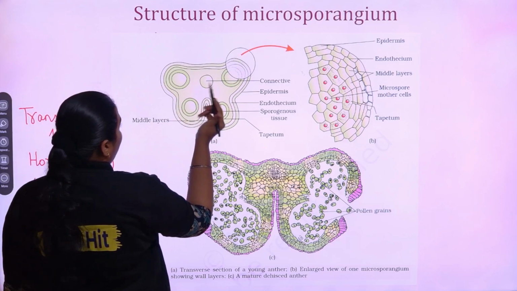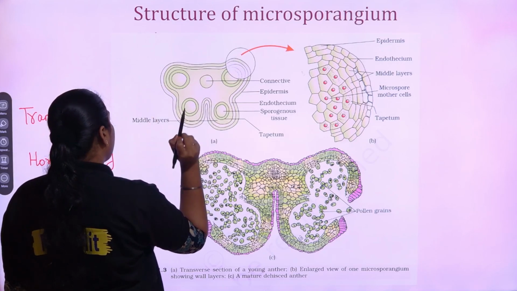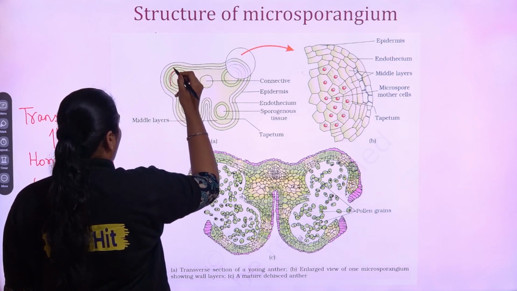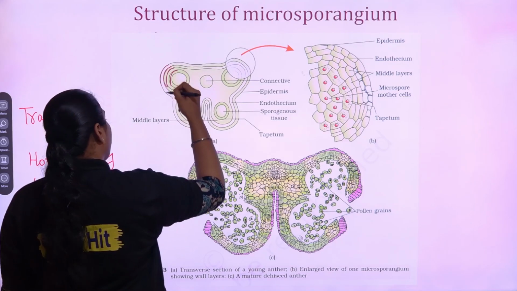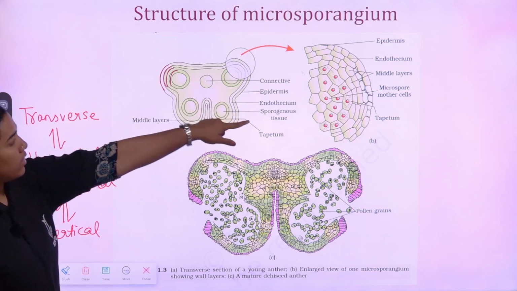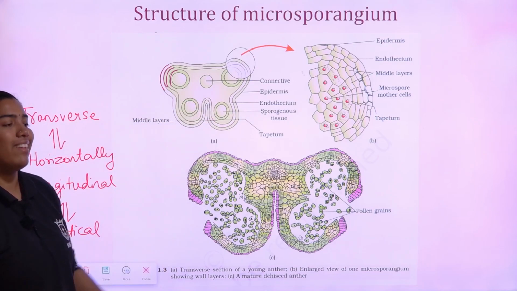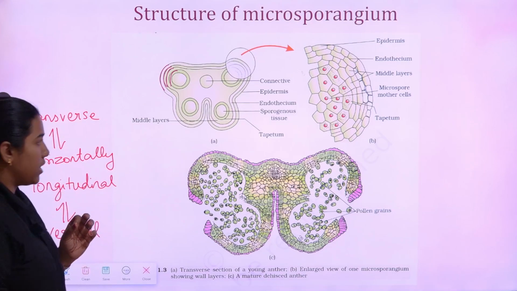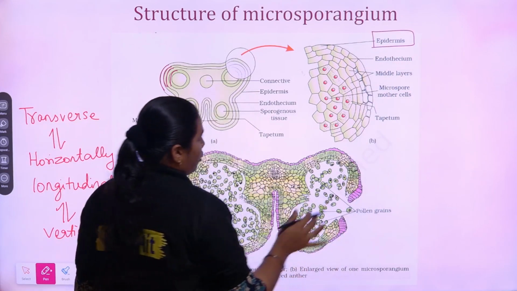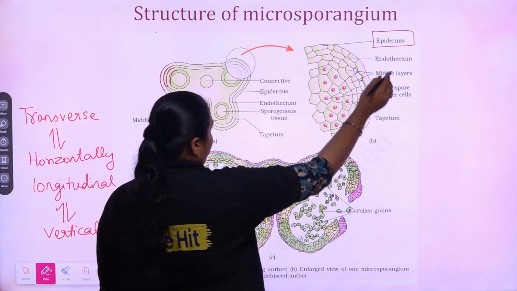Remember one more thing, that they are surrounded by layers 1, 2, 3, 4. They are very different in their structure and have very unique properties. Let's come from the outer side. Epidermis, most plant structures have the outermost layer as epidermis.